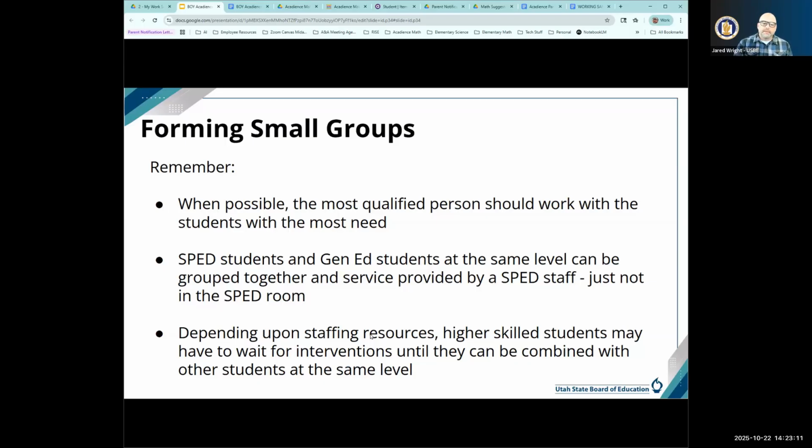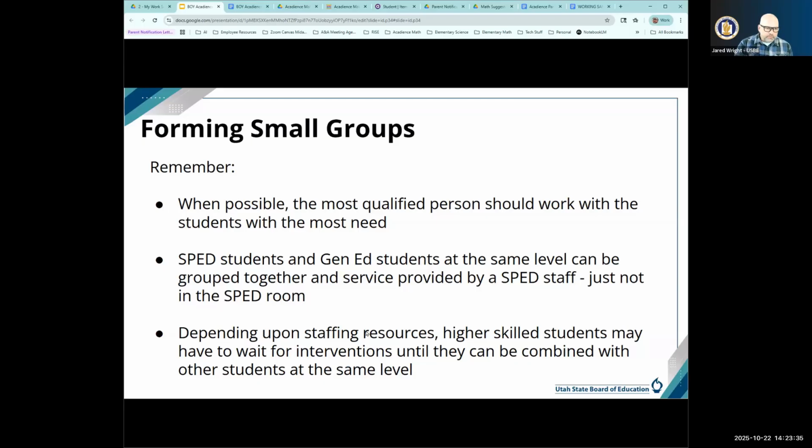If time and personnel and other resources are limited, just do what is required and what's essential as needed. And then if you can reach the higher skilled students, then do that. But if you need to really focus on below and well below to get them to raise their level.